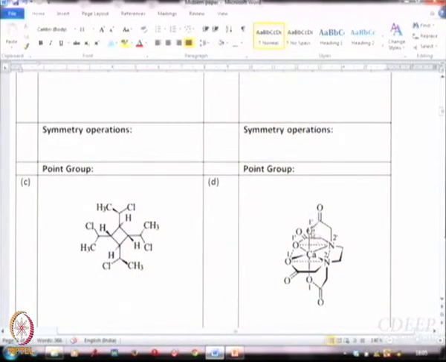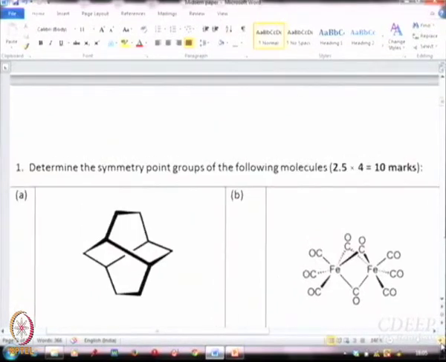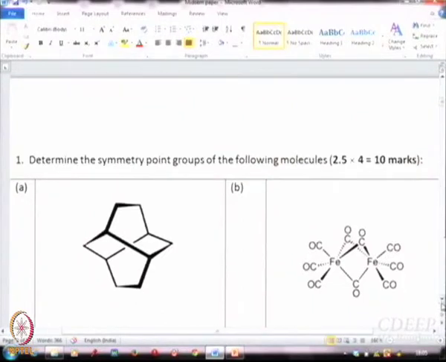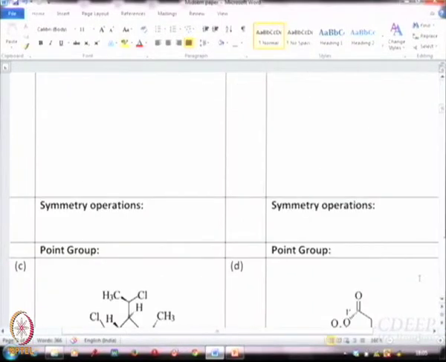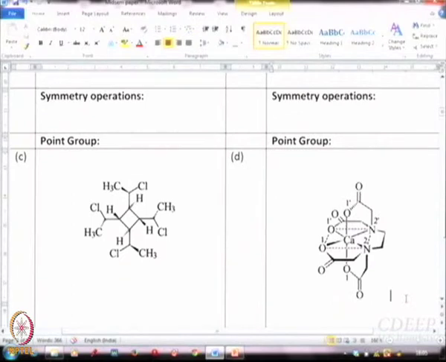I put white ink on this: 1, 1 dash, 2, 2 dash. Is this big enough? Can you see? Now tell me what is there. I took so much trouble making it big, it became small again.